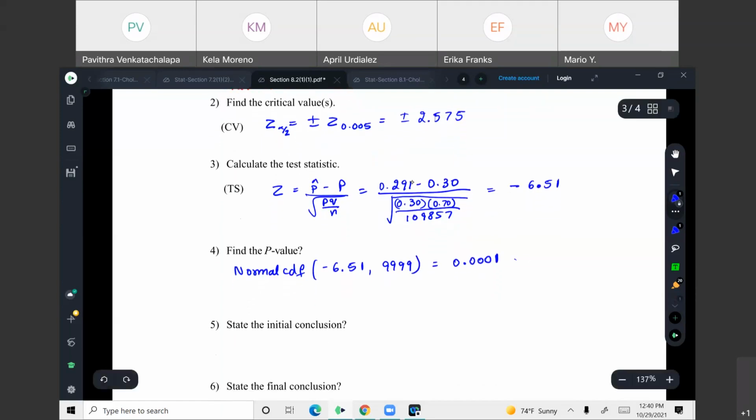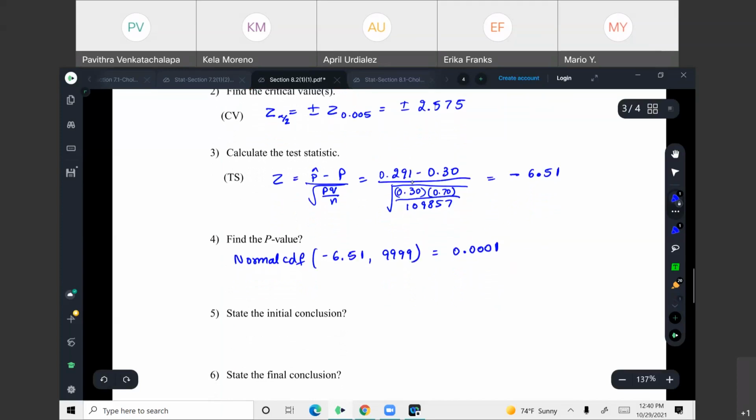And after getting your p-value, this wouldn't be your exact p-value because, since it is a two-tailed test, you will be multiplying whichever value you got with 2. And that would be 0.0002.